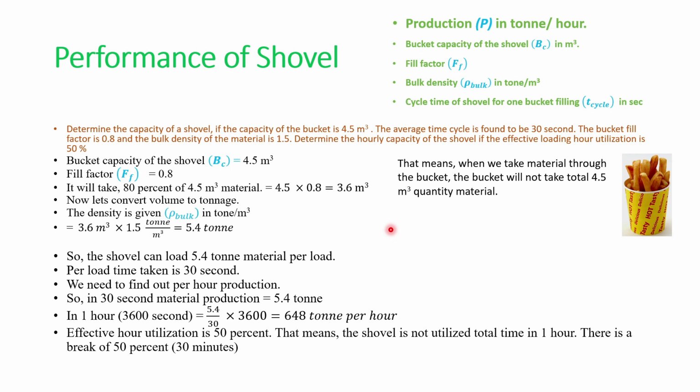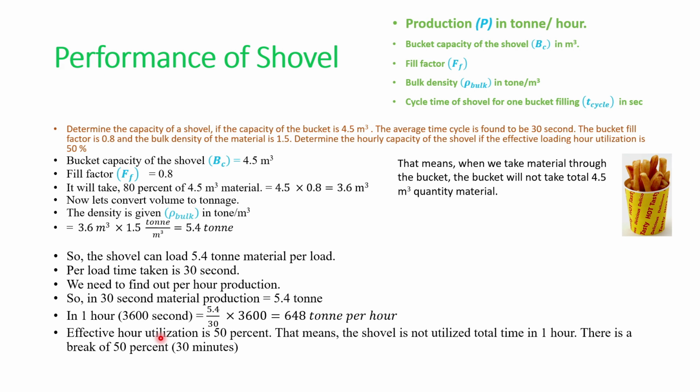Again in that question it is given that effective loading hour utilization is 50%. That means we are not utilizing the shovel completely 100%. The shovel is not utilized for the total time of 1 hour. There is a break of 50%, due to the shovel operator or machine breakdown.